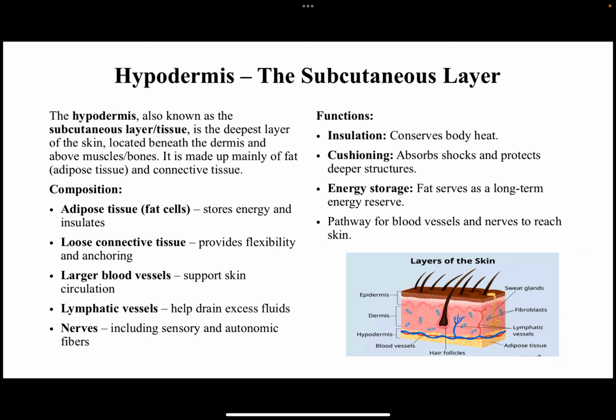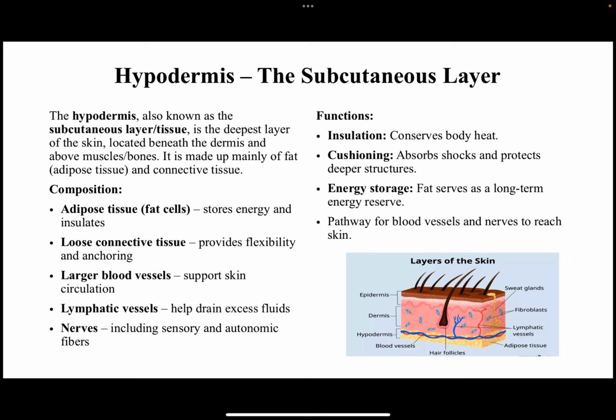So it plays a role in shock absorption and protection of deeper organs. And one thing about fat is that fats help in energy storage. Fats help to conserve energy. That is one of the functions of fat. So the hypodermis helps in energy storage.